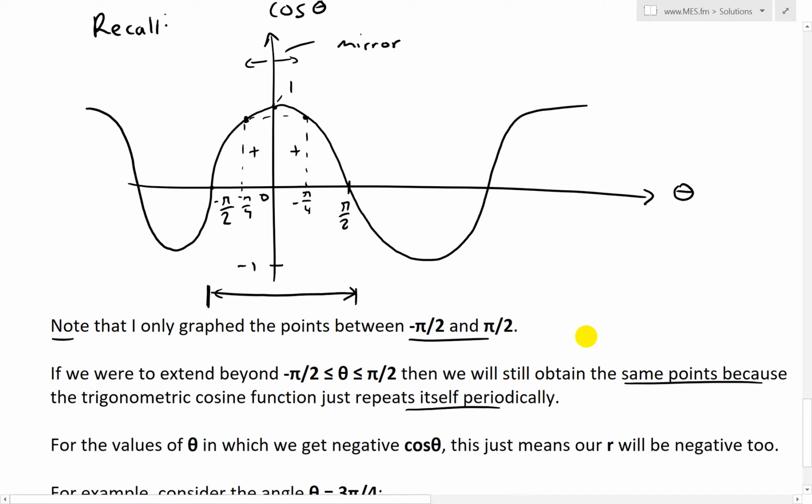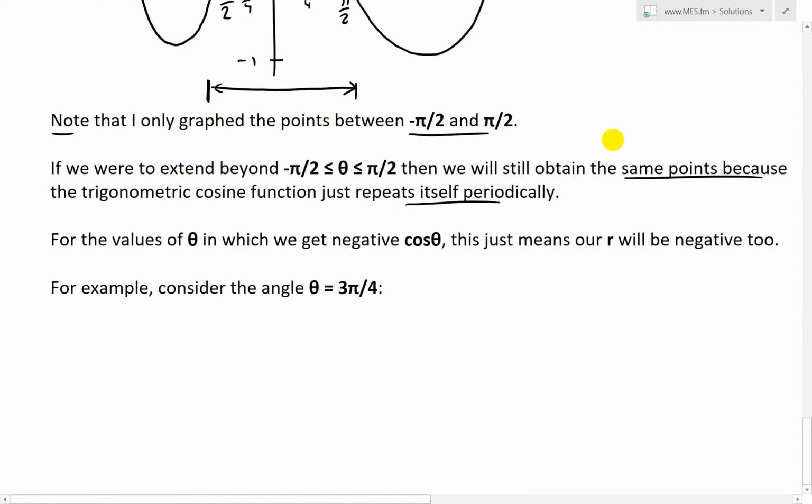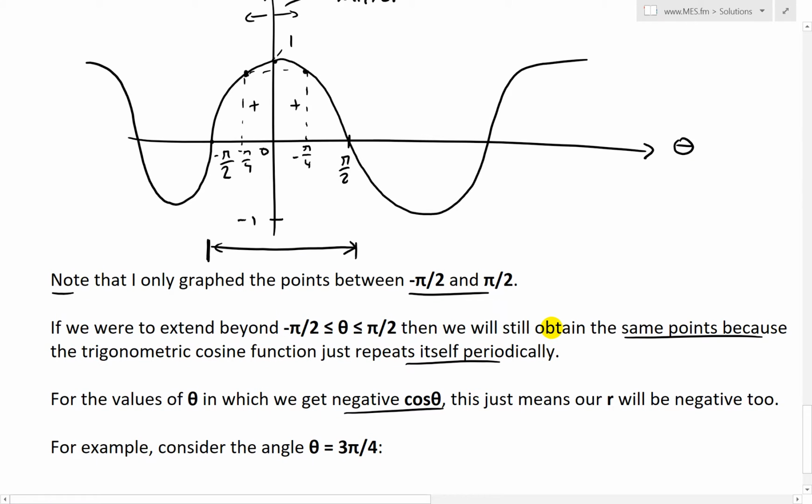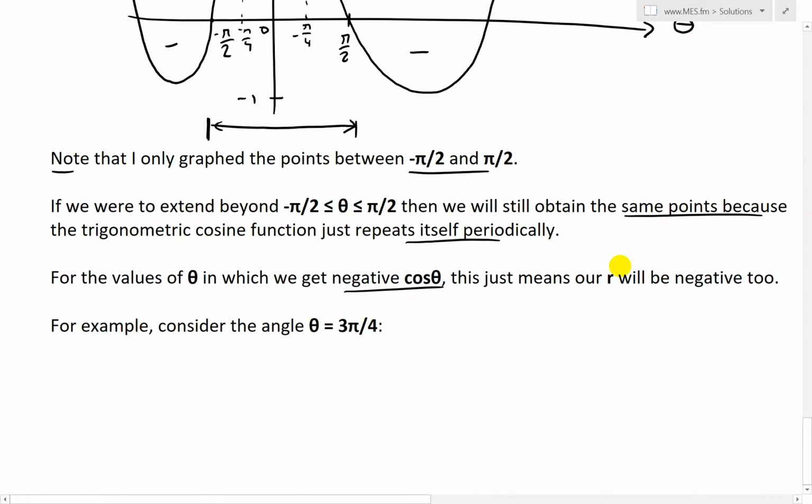So it goes back and down, so we always go back to the same points. But for the values in which we get negative cosines, for example, in this one here we have negative, this just means that our distance r will be negative 2.